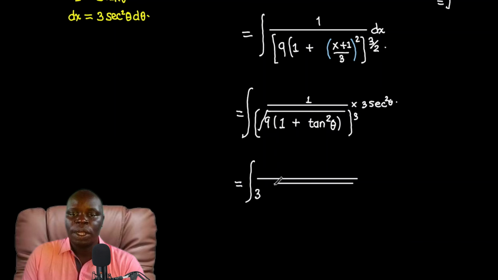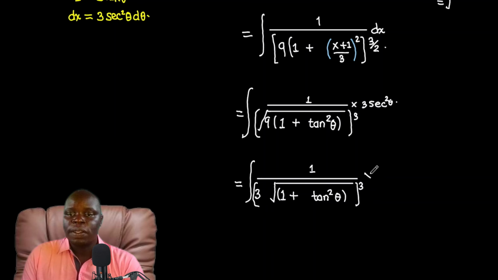We can place it right away here, and inside here we have 1 plus tan square theta, and we have here cube. So this cube is also for all these numbers here. Now the term is 3 secant square theta d theta. Oops, we forgot also the theta here.